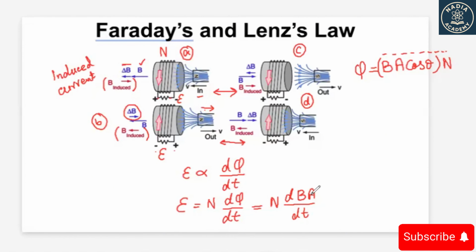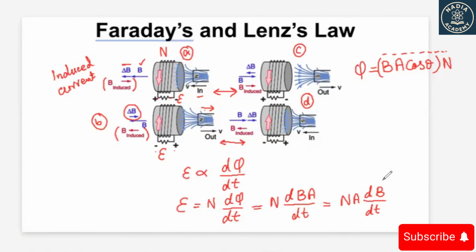So if this A is constant, then you have your final formula like N A times dB, in terms of magnetic flux density, divided by dt. So, the first order derivative of our magnetic flux density.